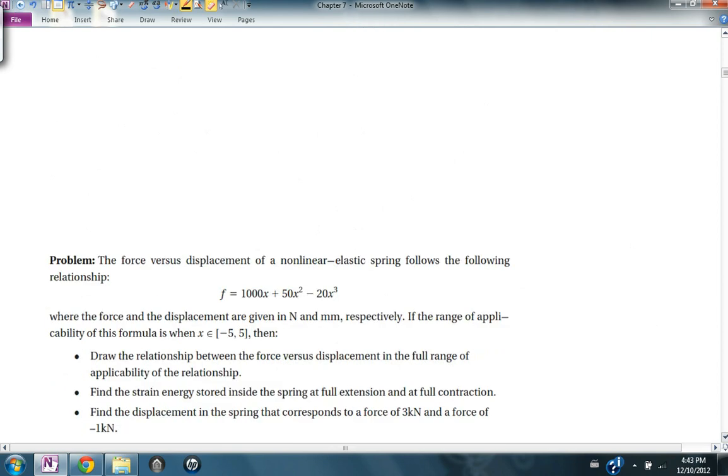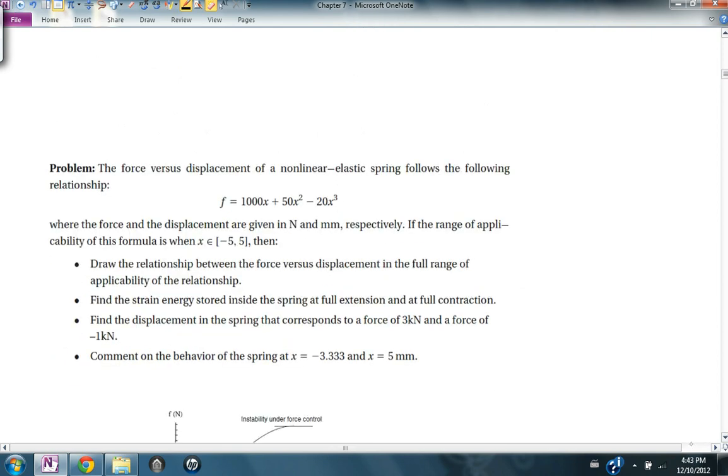Let's look at an example. I have a force versus displacement of a nonlinear elastic spring following the above relationship. Usually these springs can be used for many applications. For example, there are many small springs with nonlinear force displacement relationships that are used in lots of biomedical engineering applications.